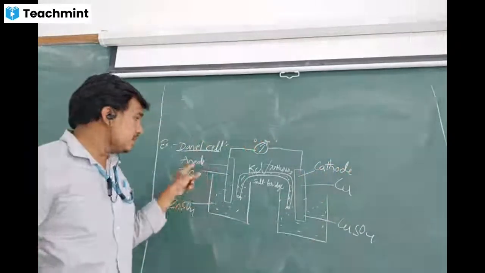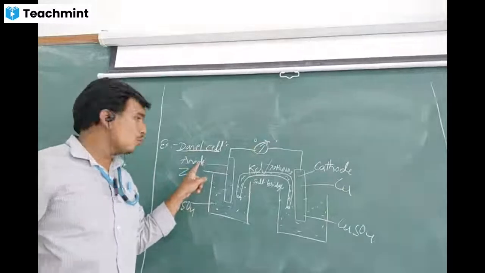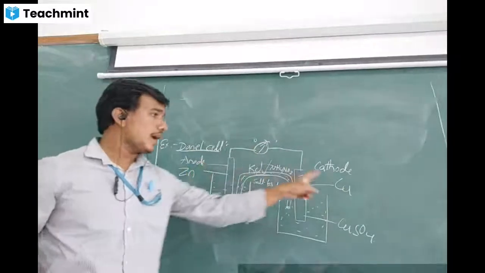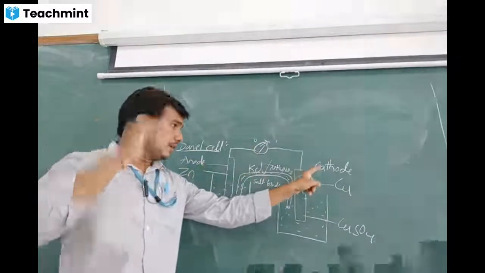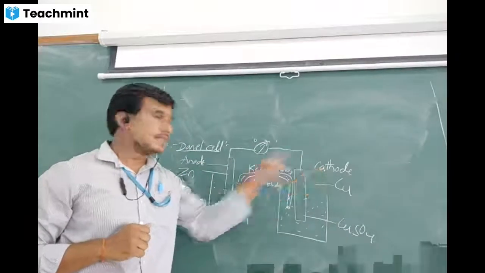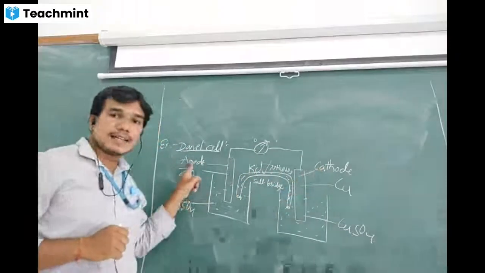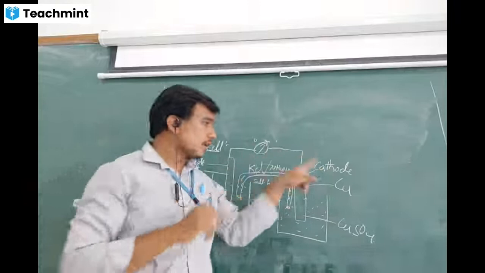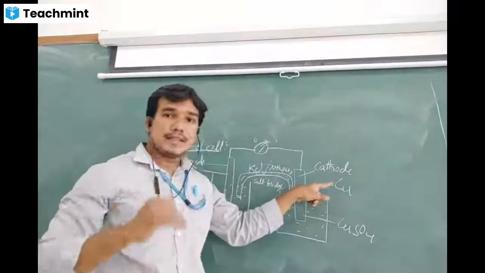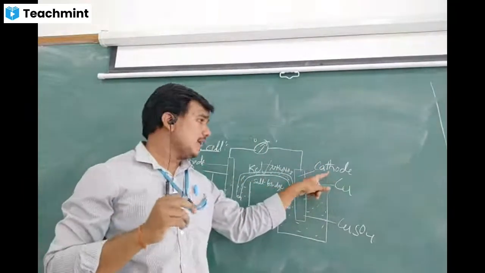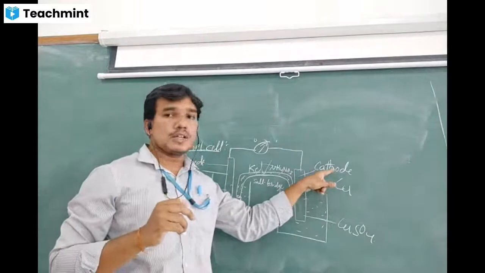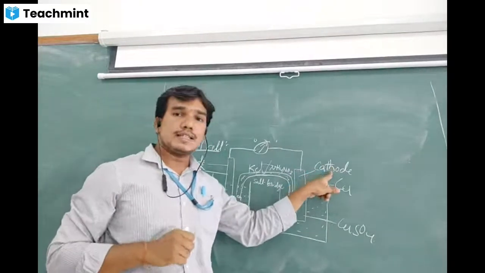Because the anode has more negative potential, and it is at the top in the electrochemical series. So that's why zinc acts as the anode. In the electrochemical series, copper is at the bottom. It has a high electrode potential, so that's why it is denoted as the cathode.